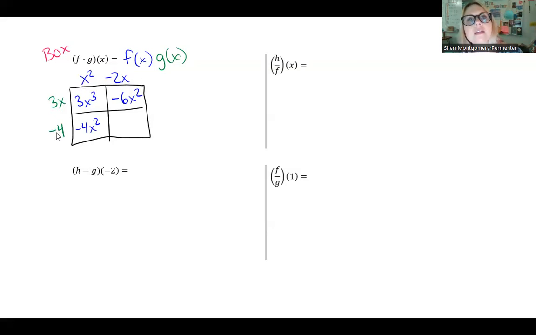And then positive 8x. A box is nice because we will be able to combine like terms diagonally. And that equals 3x to the third. Negative 6 and minus 4 gives me negative 10x squared plus 8.